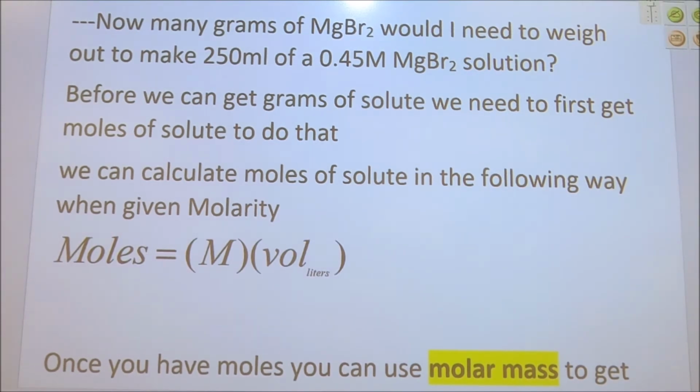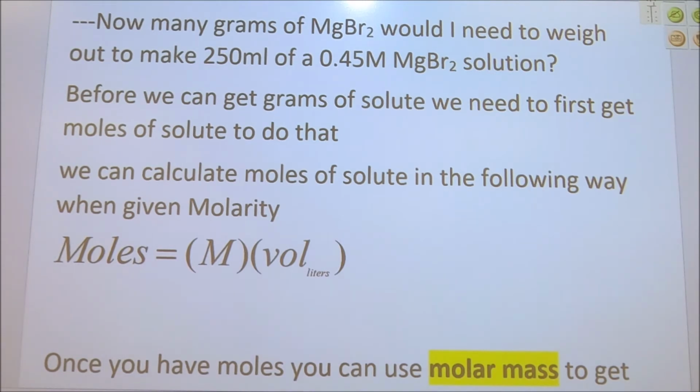Okay? So, let's say we had the problem, how many grams of magnesium bromide would I need to weigh out to make 250 milliliters of a 0.45 molar sodium bromide solution? So I'm going to have to calculate grams of magnesium bromide.